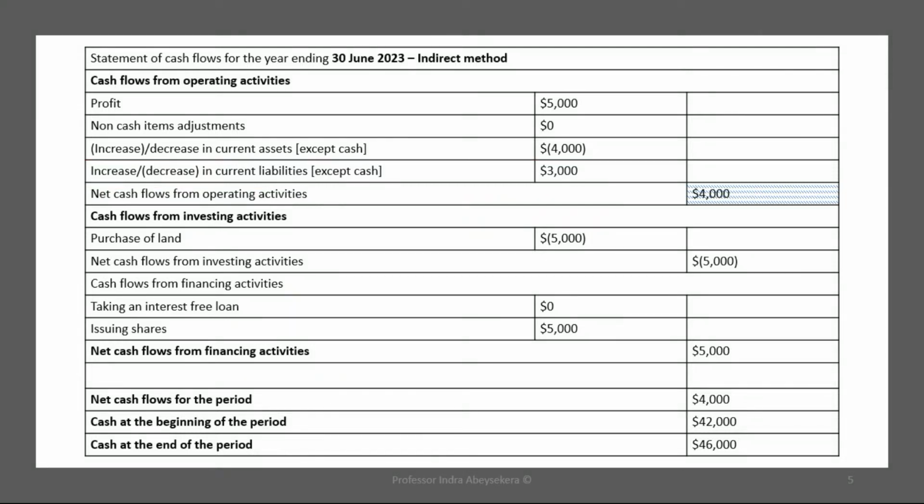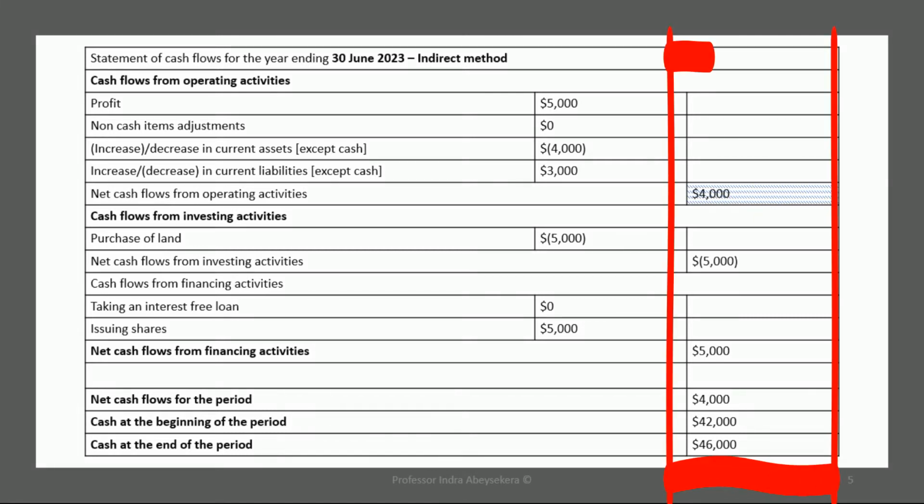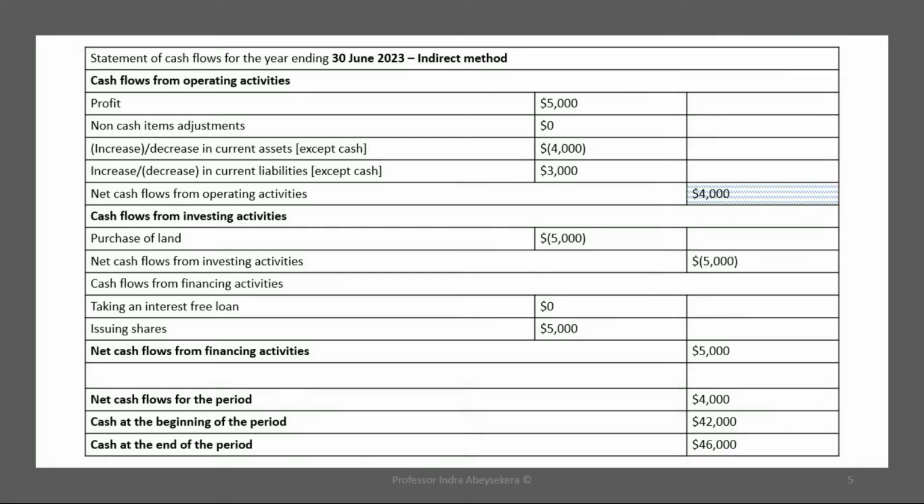That's equivalent to a cash inflow, so we add that to the profit to come to the cash situation. And when we add all them together, we come up with net cash flows from operating activities equal to 4,000.